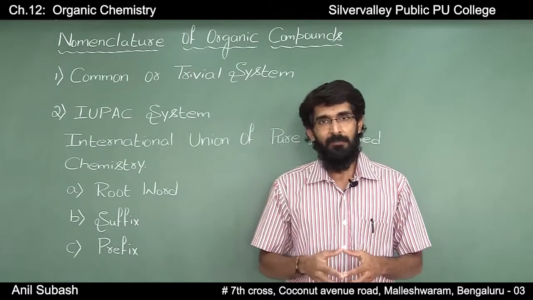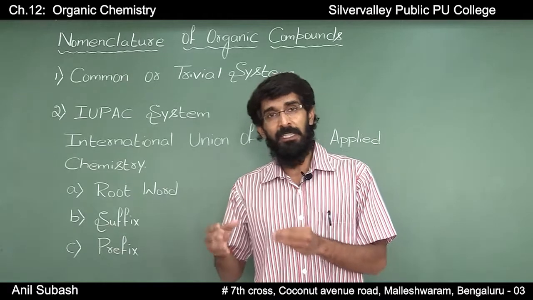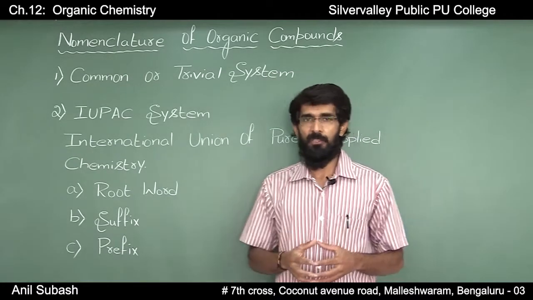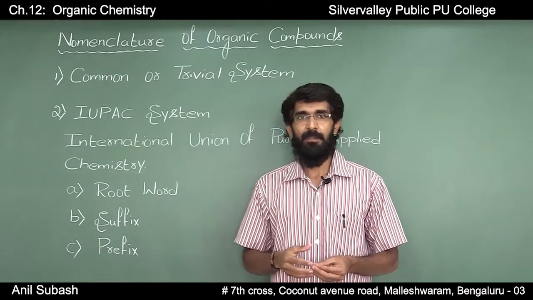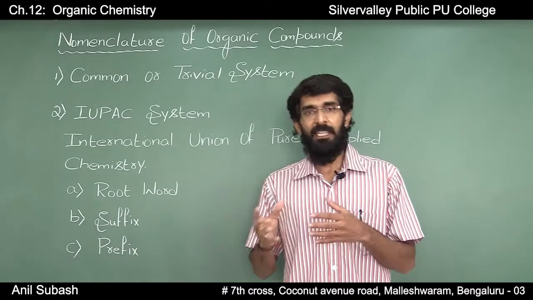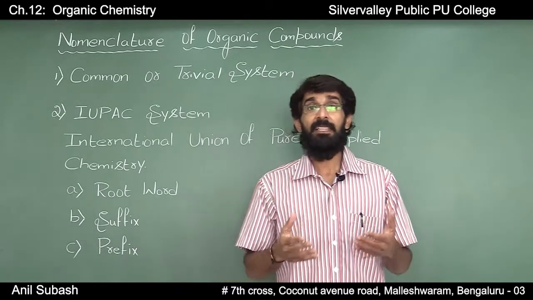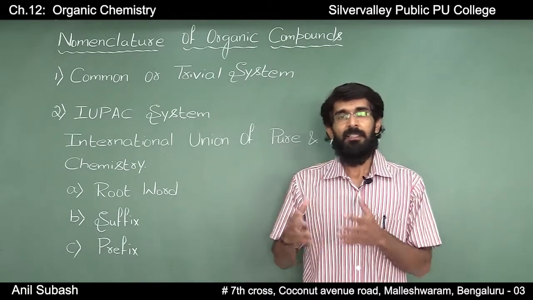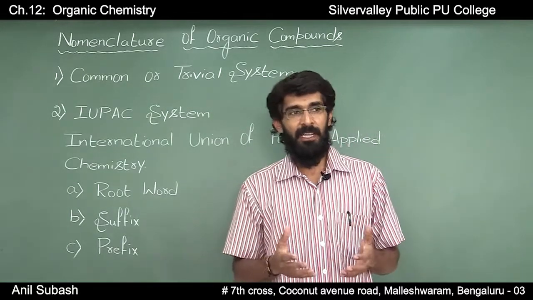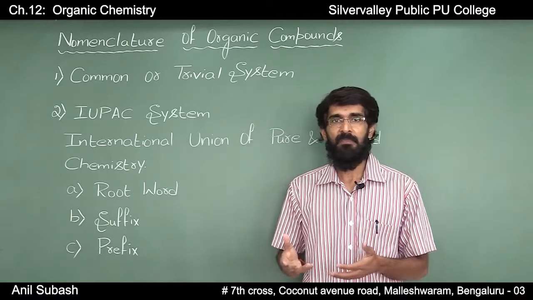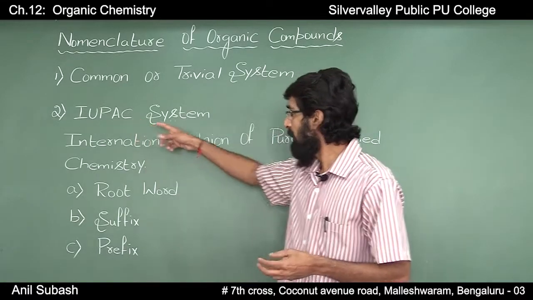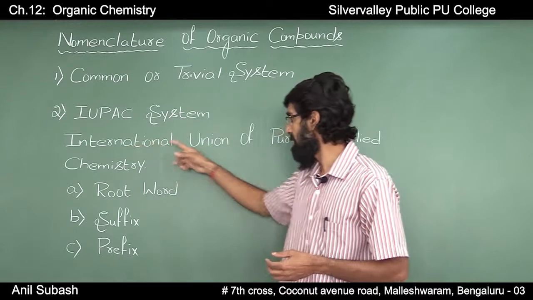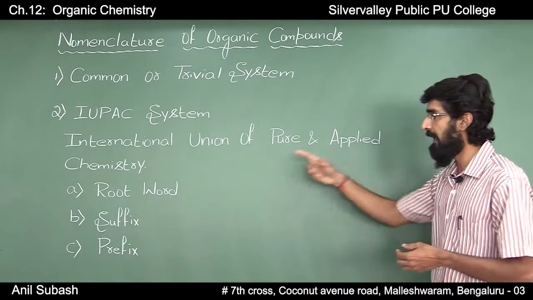For example, the acid that was found in citrus fruits was called citric acid. The acid that was present in red ants was called formic acid because the Latin name of red ants is formica.